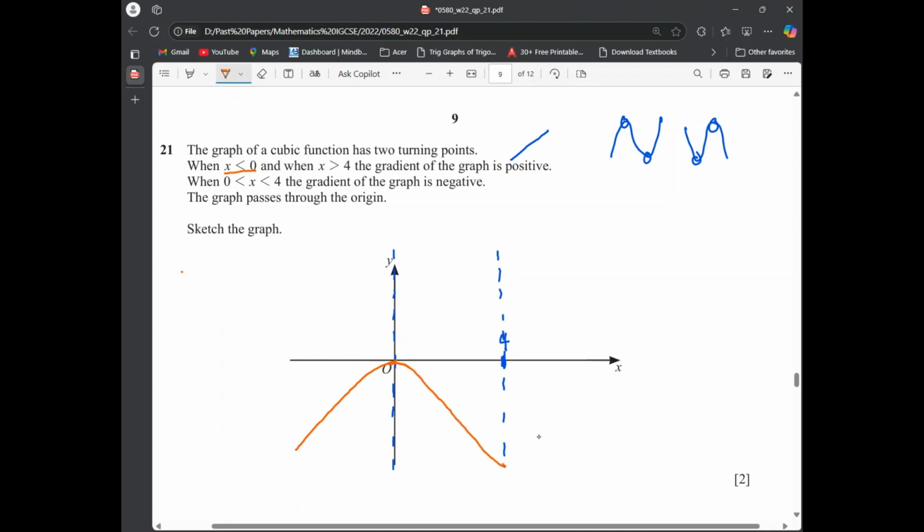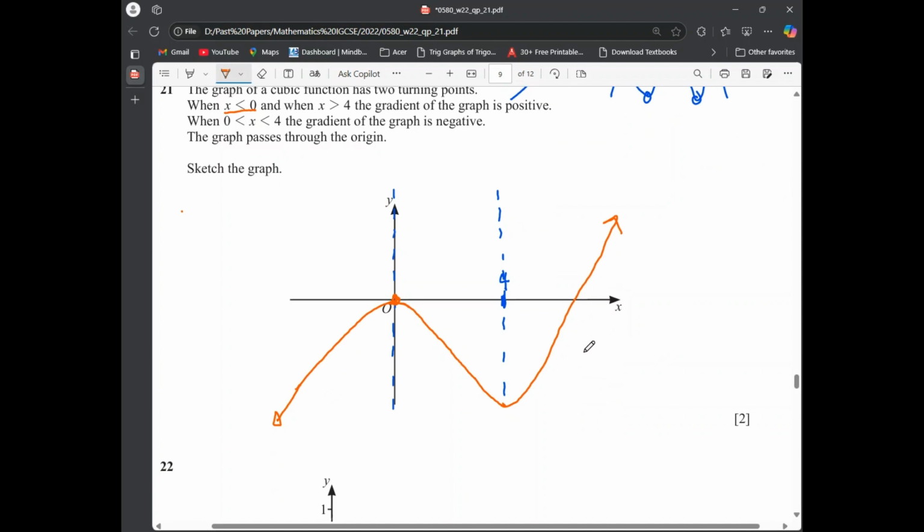But at 4, the gradient is neither positive nor negative, because after 4, the gradient becomes positive again. So I believe that should be our shape. Please do check it, but I believe that should be our shape. The graph passes through the origin. Sketch the graph. Done and dusted. This was a very nice one.